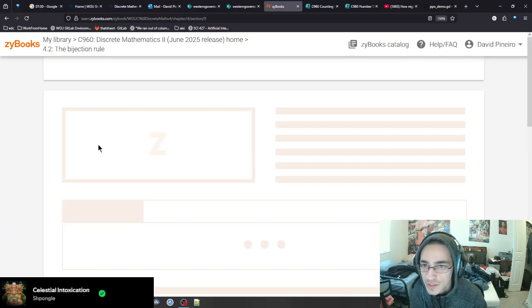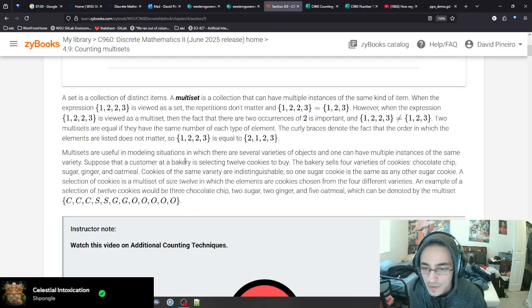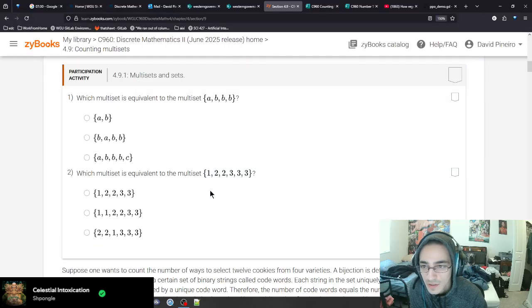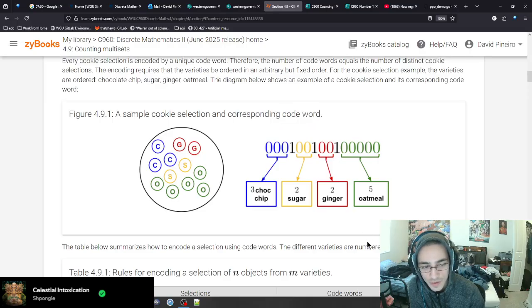Is it this one? The multi-sets. Three chocolate chip. Code word. Why would you use a code word?